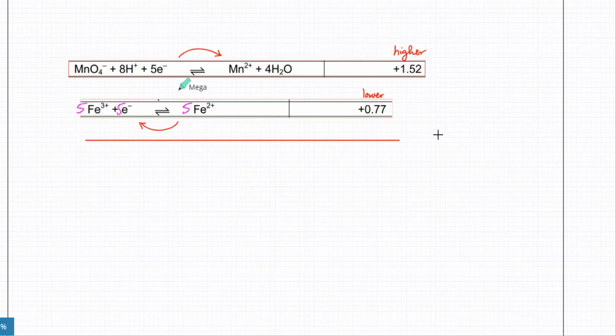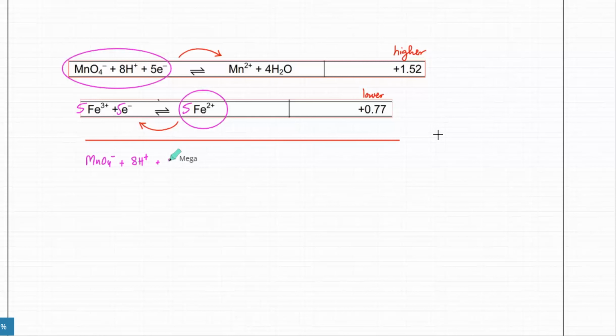So we're going to multiply it by 5, and we're going to add up the reactants. The reactants over here, this is the reactant, and over here, this is the reactant, right? So you add up the reactants, so it's going to be MnO4 minus 1 and 8H plus. No need to write the number of electrons, because they're going to get cancelled out anyway.